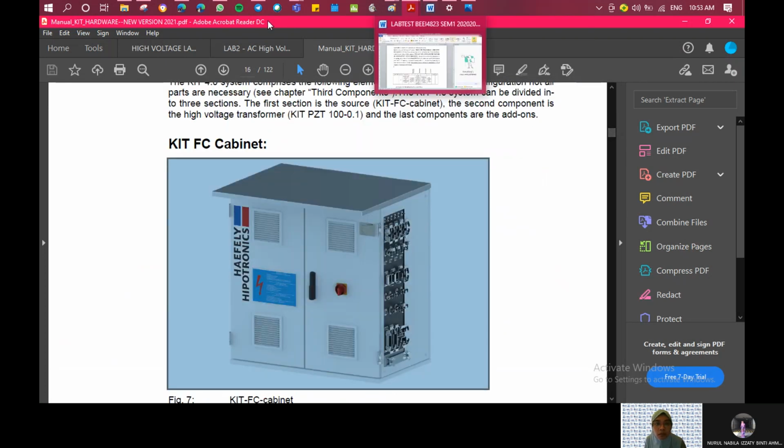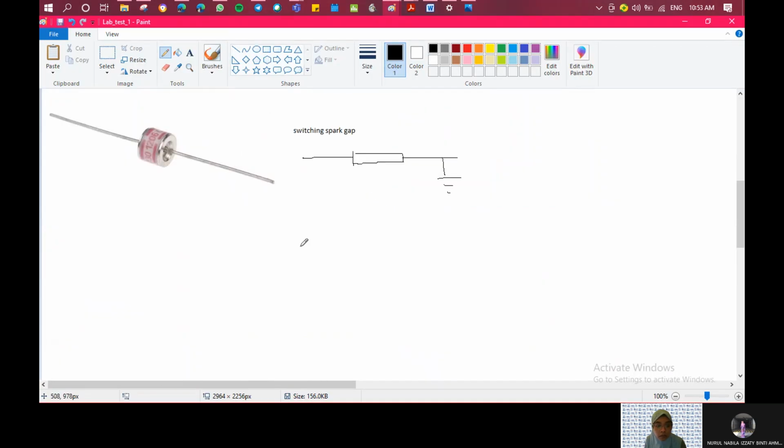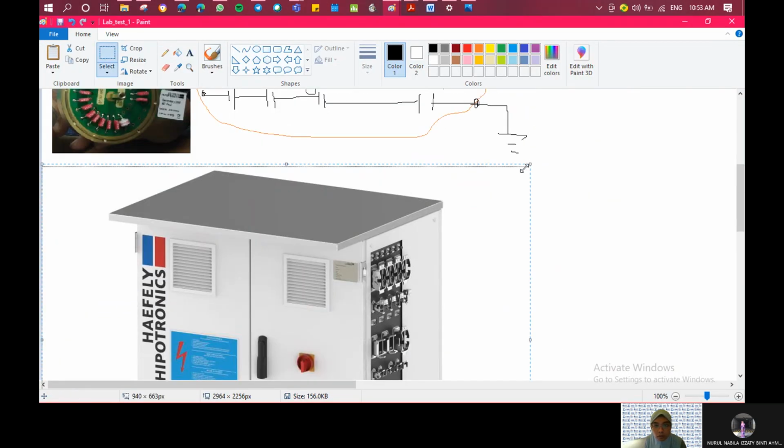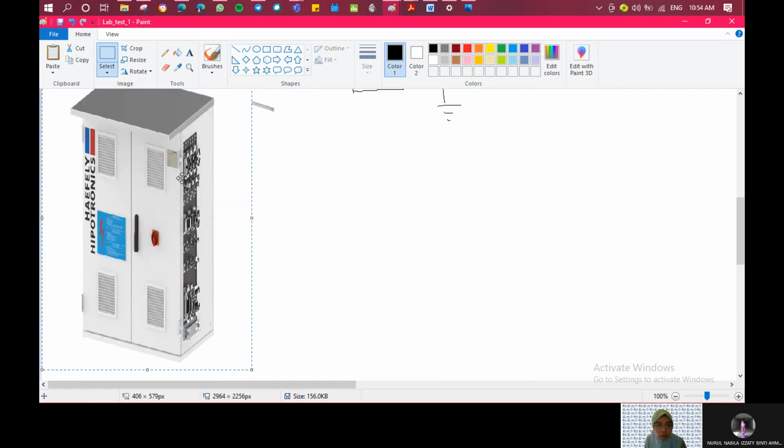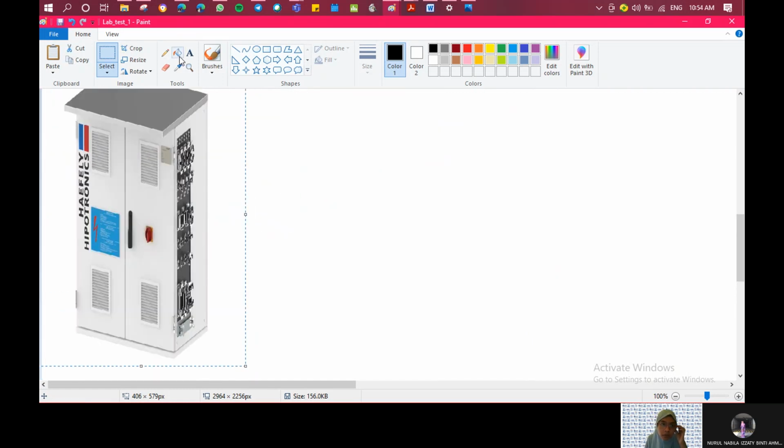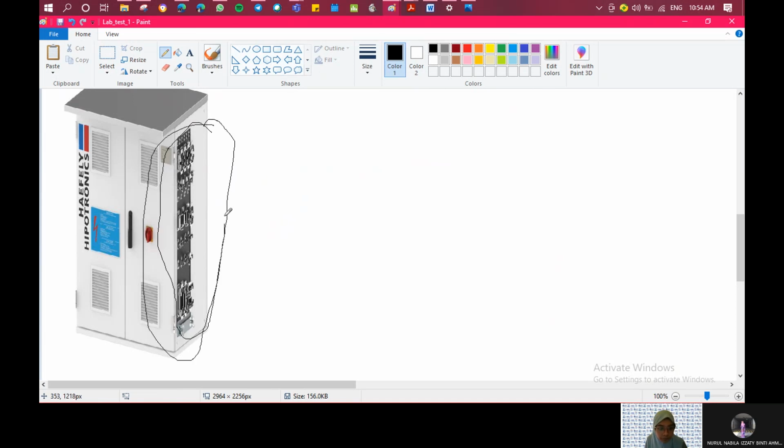Okay. So the panel I mentioned is this one. We will connect it. Here is the grounding, the copper strip. We will connect the strip here, and the upper side I cannot remember.